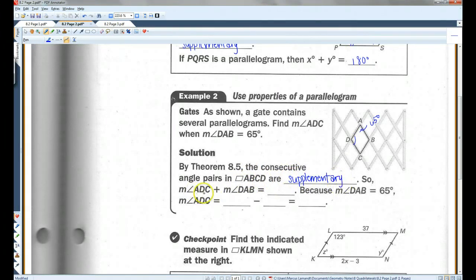So, the measure of angle ADC plus the measure of angle DAB equals 180. Because the measure of angle DAB equals 65, this angle has to be 180 minus 65. 180 minus 65, I think that's 115. Yep, 115 degrees.